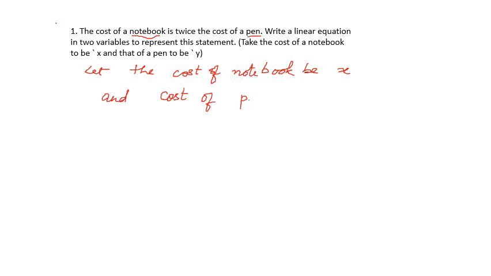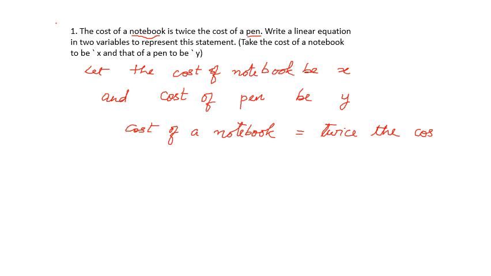Notebook and pen are given to us, isn't it? Now what is given? Cost of a notebook is twice the cost of pen. So that is what we are going to write. Cost of a notebook is equal to twice, and twice means two times, the cost of pen.